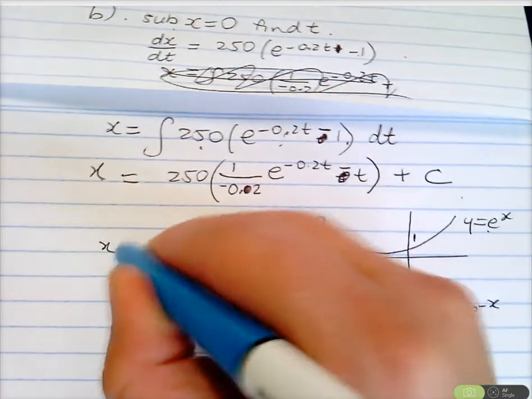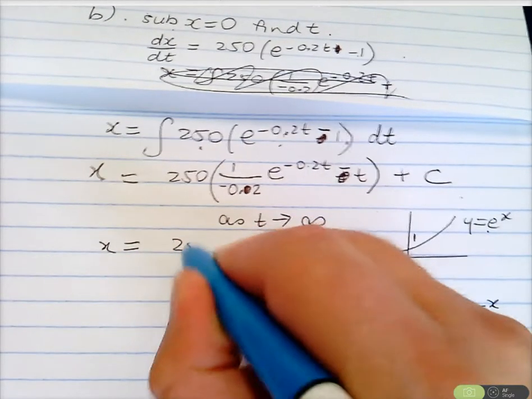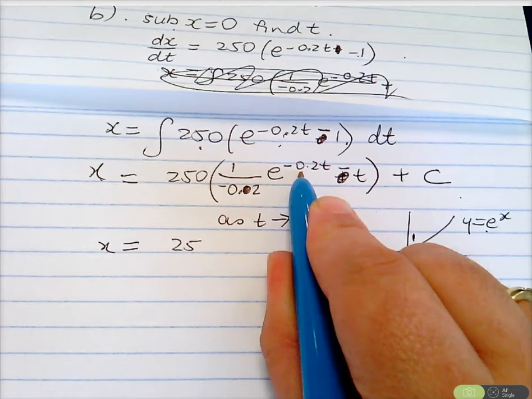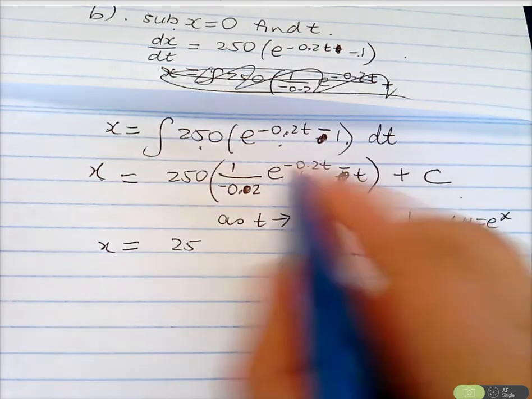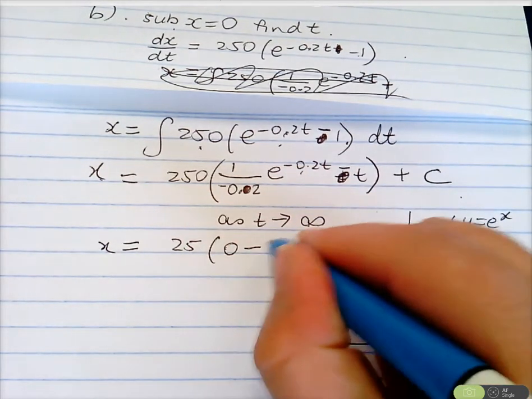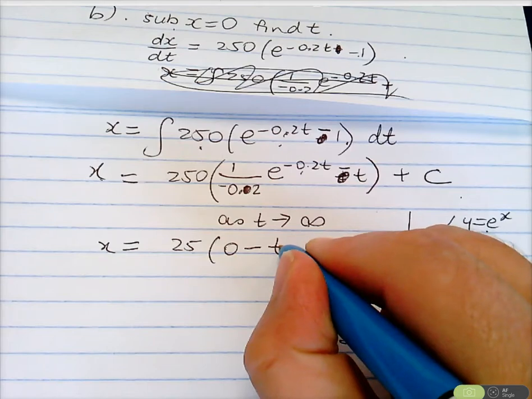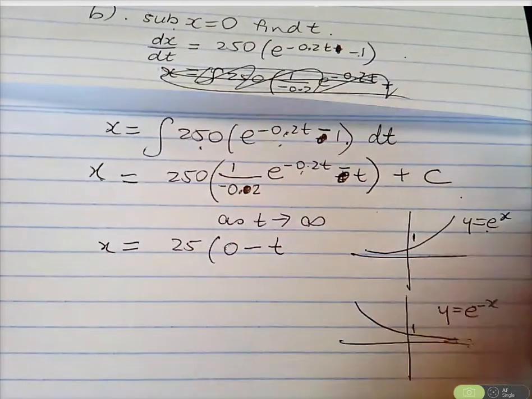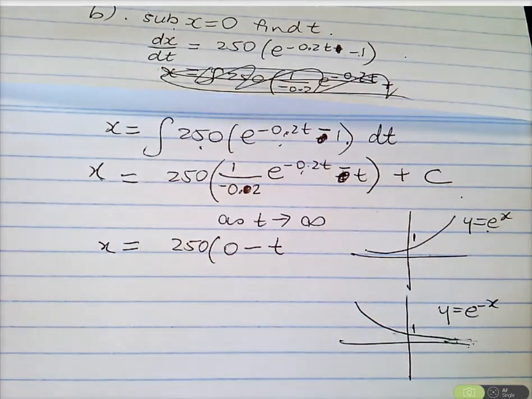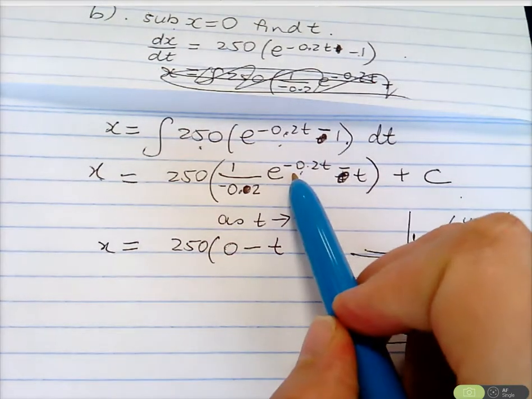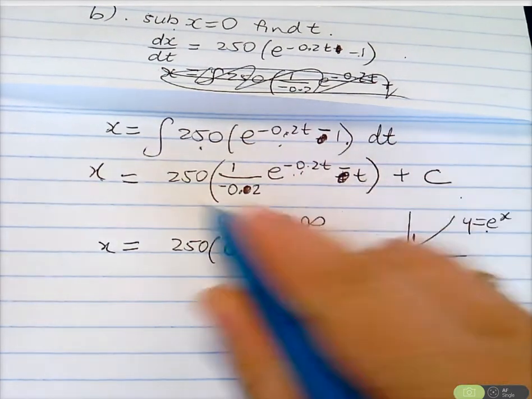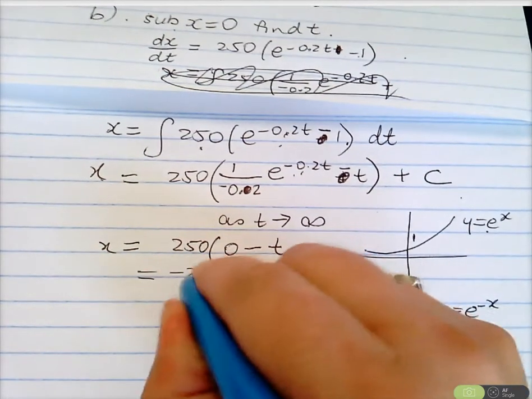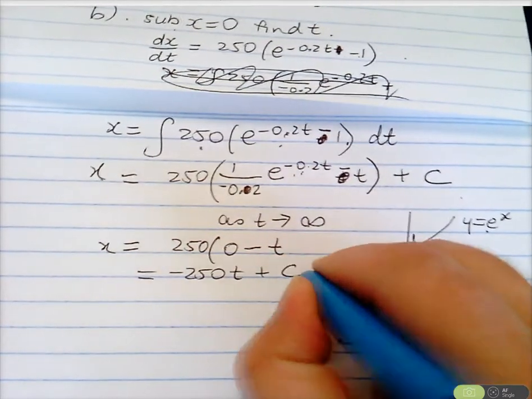So therefore this will equal 250 times 0, minus t. If that's 0, it's minus 250t plus c.